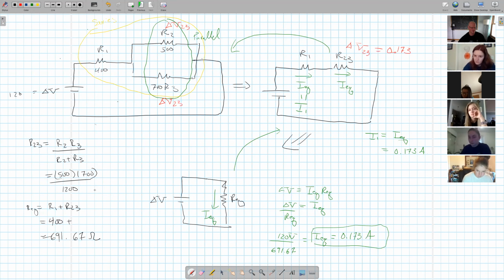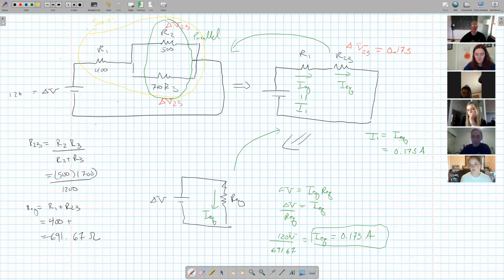Since I now know the potential, I know that R23 came from two resistors which were in parallel. So the potential across 2 and the potential across 3 are exactly the same, that potential V23. Since I know the potential and the resistance, I can find the current.